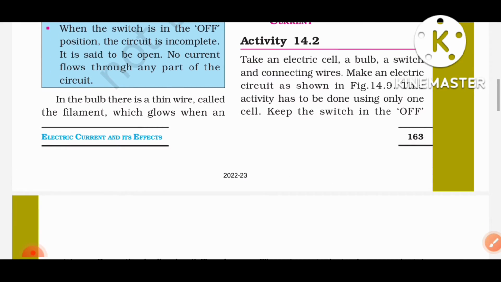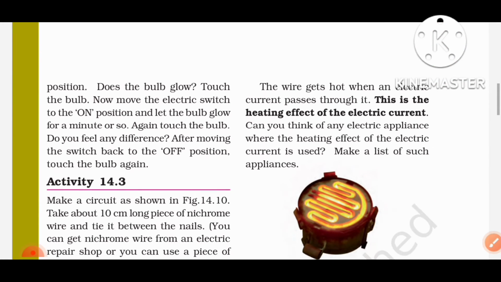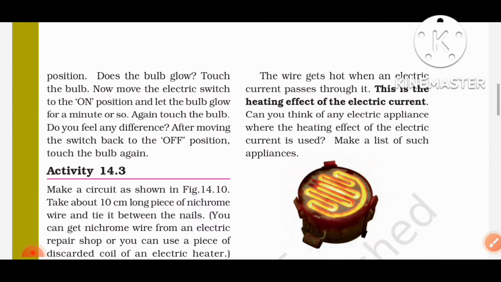Activity 14.2. Take an electric cell, a bulb, a switch, and connecting wires. Make an electric circuit as shown in figure 14.9. This activity has to be done using only one cell. Keep the switch in the off position. Does the bulb glow?